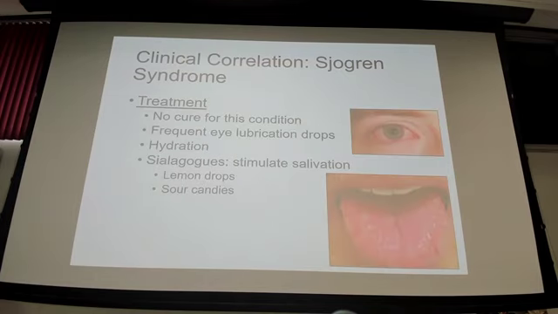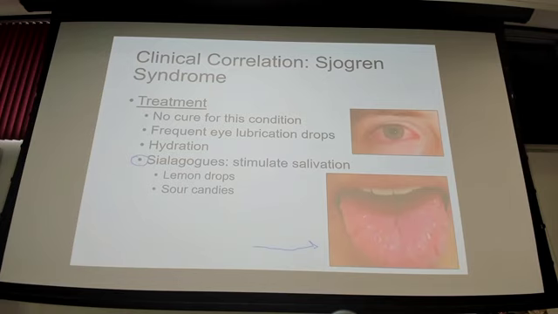But you can see this patient, chronically dry eyes, chronically cracked, dry tongue, and so there really is no replacement for saliva. So what we give is a sialagogue, something that will stimulate saliva production. And generally, what do we use for those? Sour things like lemon drops are very common, right?